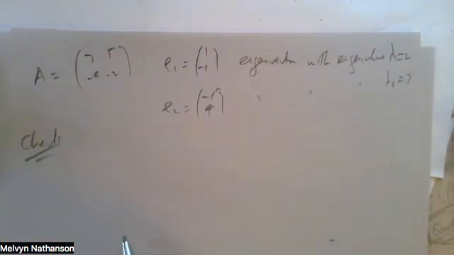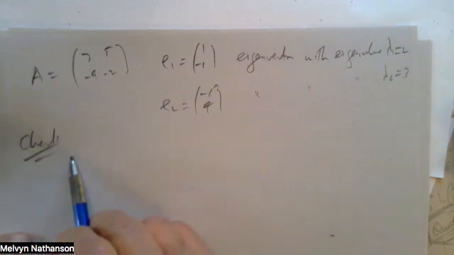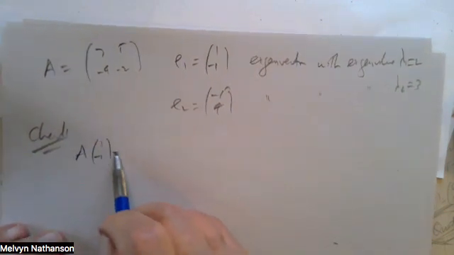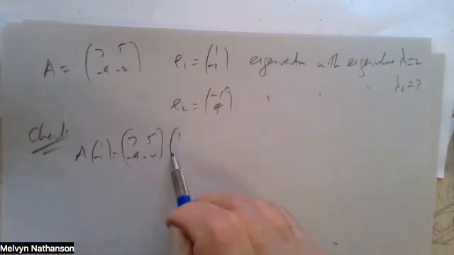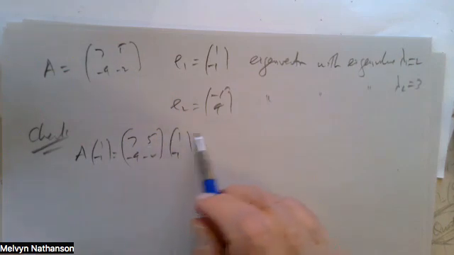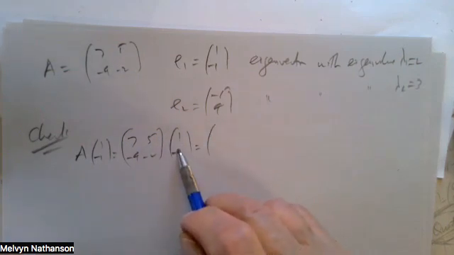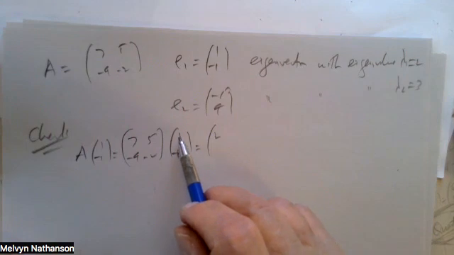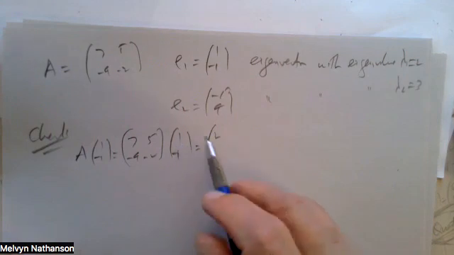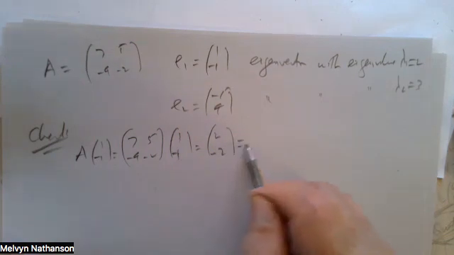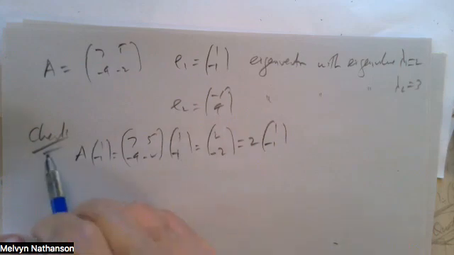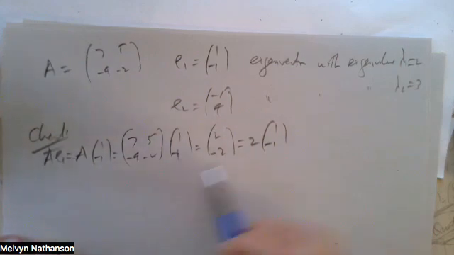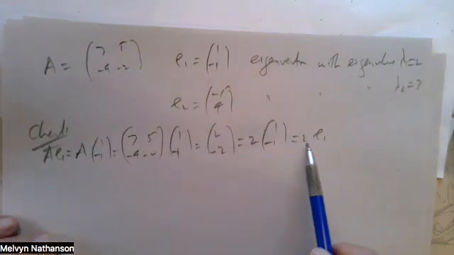So let's check. If I take A applied to the vector 1, minus 1, that's 7, 5, minus 4, minus 2 times 1, minus 1. That's 7 minus 5 is 2. Minus 4 plus 2 is minus 2. This is exactly 2 times 1, minus 1. So A E1 is 2 times E1. So E1 is an eigenvector with eigenvalue 2.